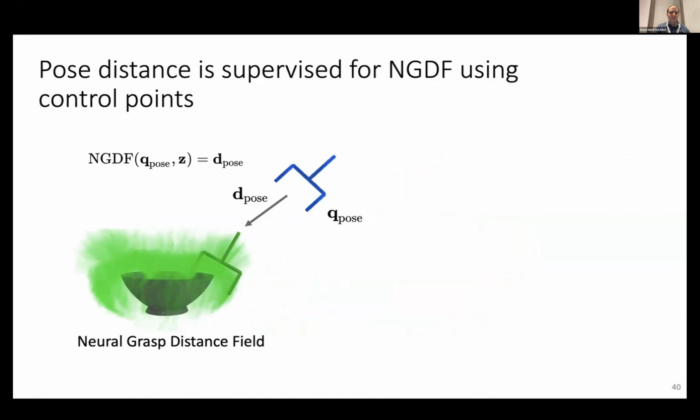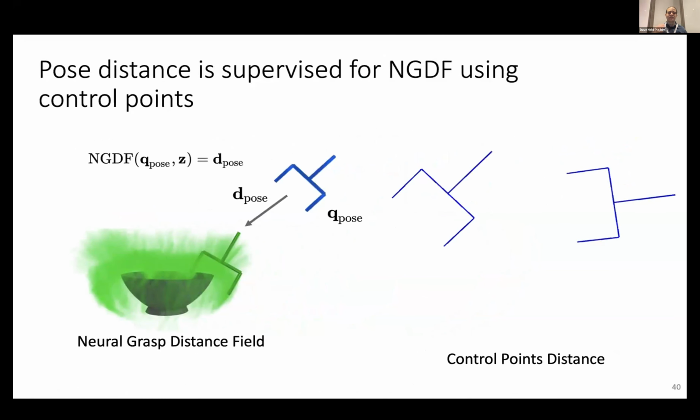Okay. So to create a cost function for this, how do we define grasp distance? Grasp distance involves some combination of the gripper translation and the gripper rotation, and you might have to think about how to weigh the translation and rotation components.